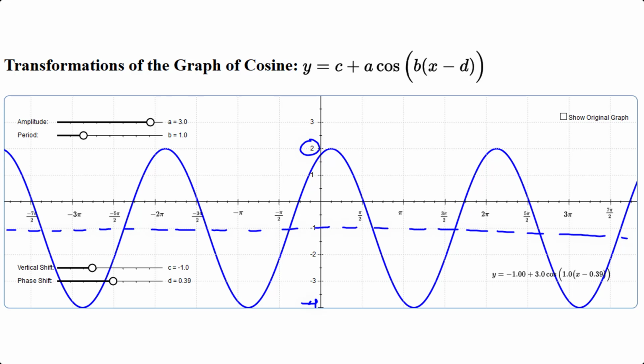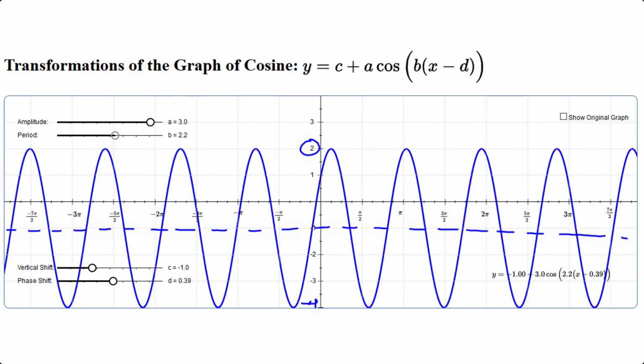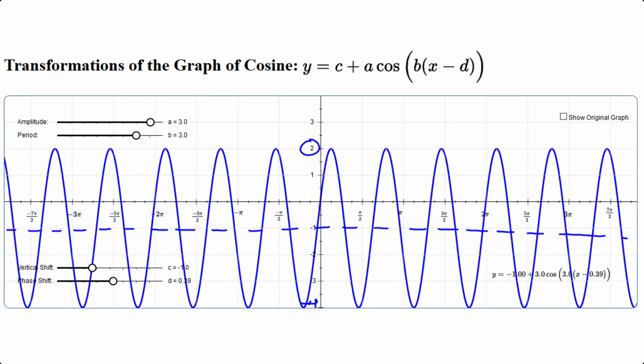If I had a period change, let's say it's 3, then I would be completing 3 full cycles in the amount of time that it should take me to complete 1 cycle.